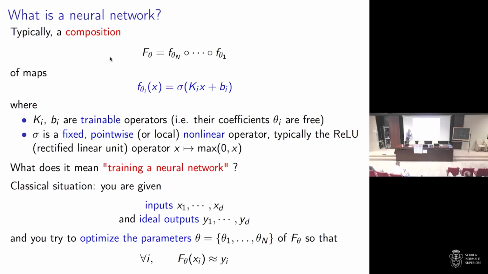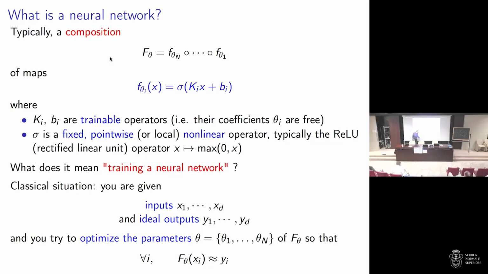And what does training a neural network mean? It means usually that you are given inputs and ideal outputs, a certain number. Imagine that these are images where you want to decide if the image has a cat in it. So you have millions of images, and each time there is a cat, the result should be 1. If there is no cat, the result should be 0, for instance. This is the simplest example.